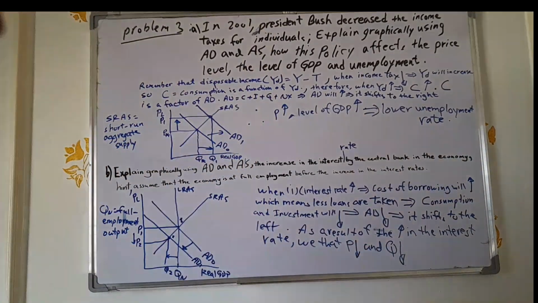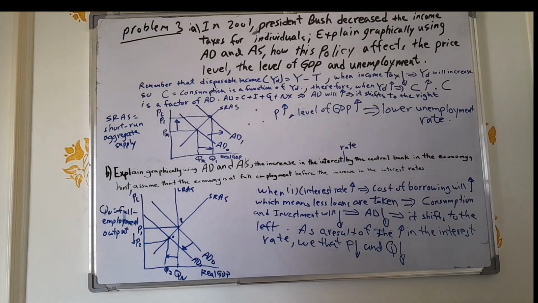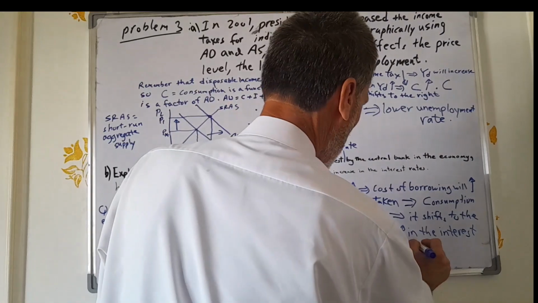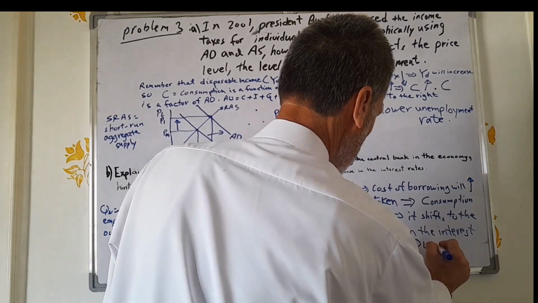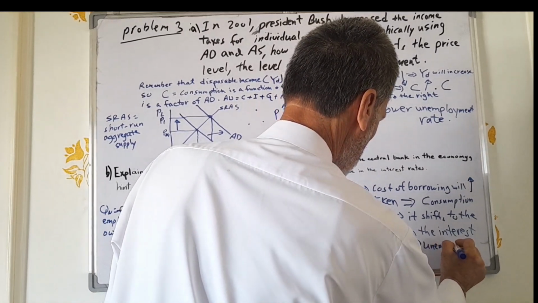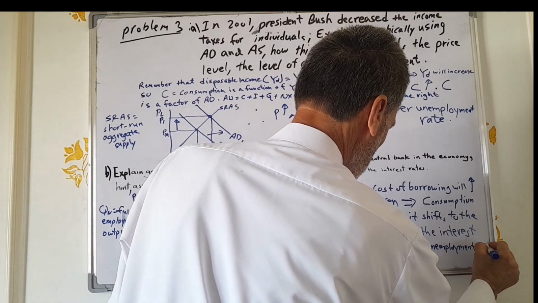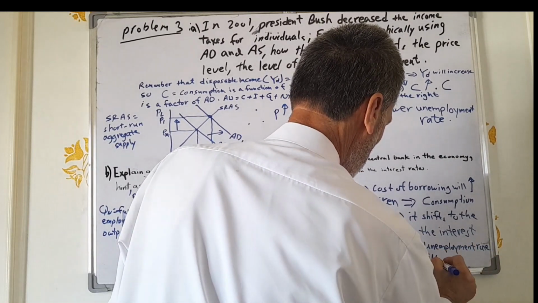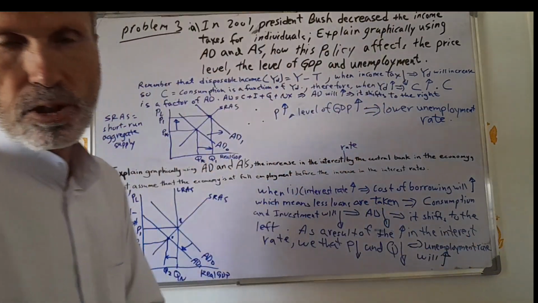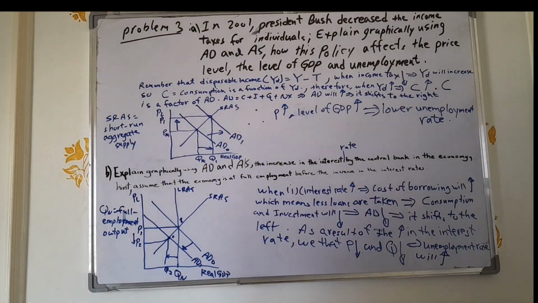And when Q decreases, this implies that the unemployment rate will increase. So unemployment rate will increase as a result of the decrease in output.